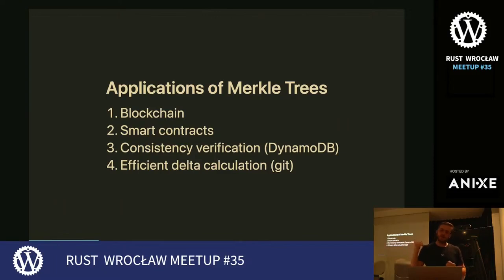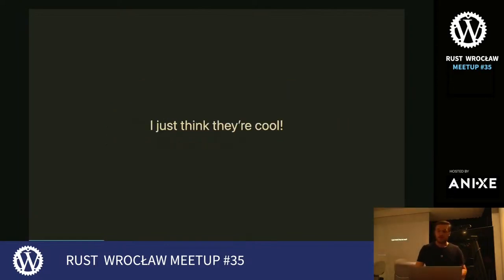And this is probably very contentious, but I found an article which explains that the Git version control system uses Merkle trees internally to produce efficient deltas of the data that you want to check that you have the right ones. Even though I'm pretty sure they don't actually call it a Merkle tree in the implementation. But I just think Merkle trees are cool.